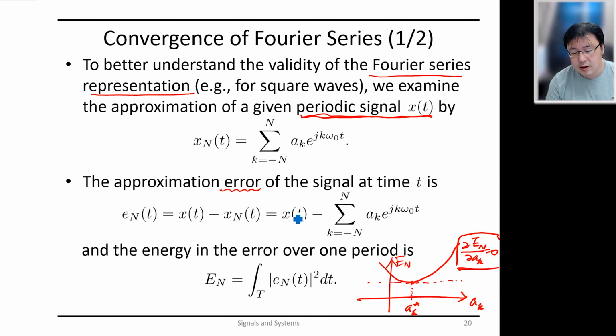Okay, so in fact, there could be certain points within this summation such that the value deviates from x of t. But those points would not matter when you take the integration because the area over those points is 0. Okay?